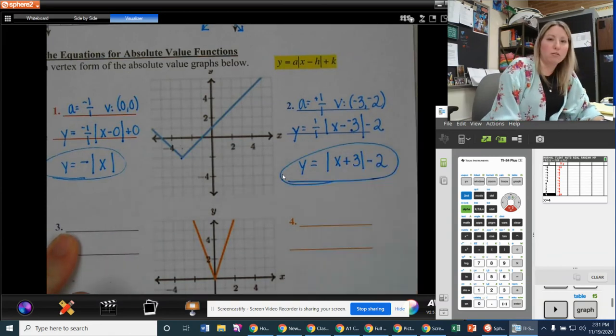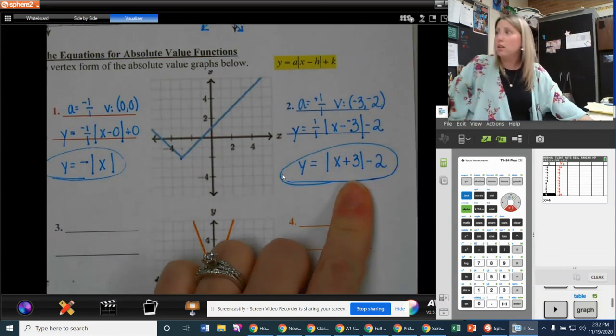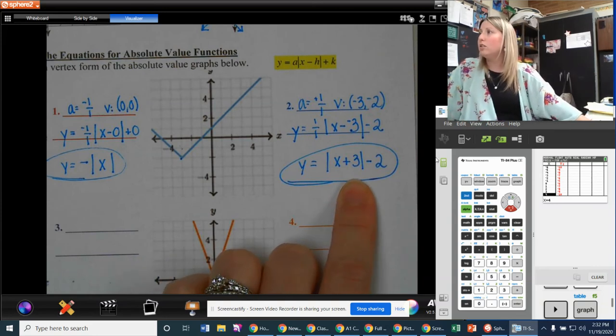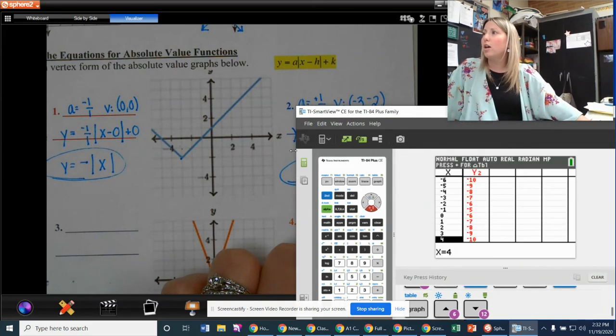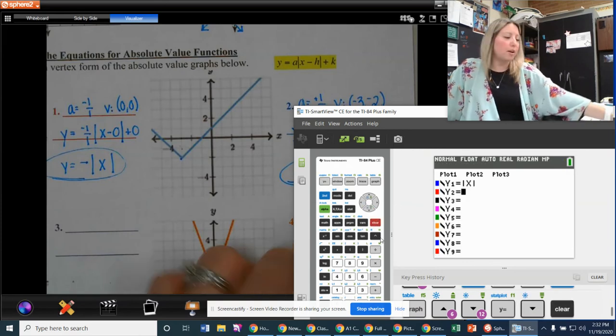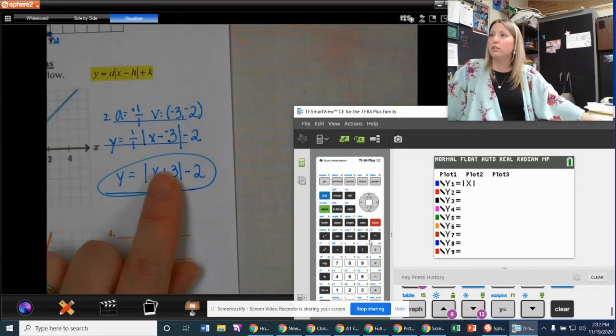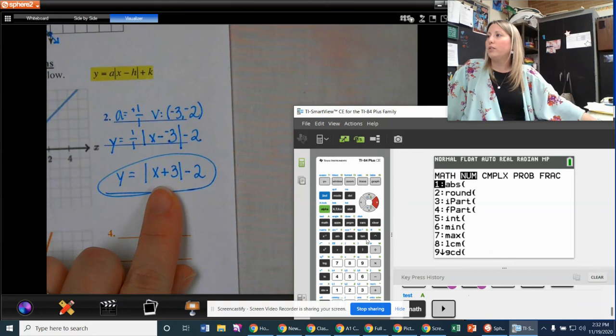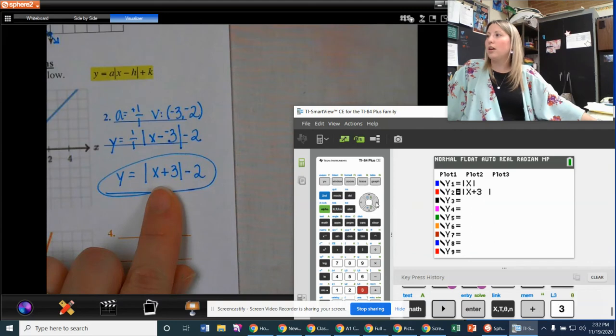There's your equation. Hey, if you don't believe me, let's plug that into the graphing calculator and look at it. Plug it in right here. Go to y equals. I'm just going to change y2 because that's what's there. So let's see if that's correct. Math, arrow right to number, get absolute value in there, and then x plus 3, and then arrow right outside, minus 2.